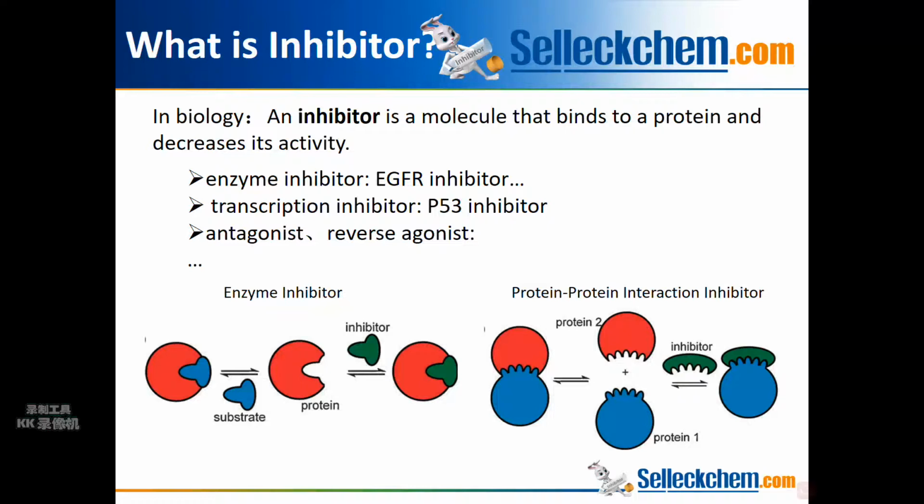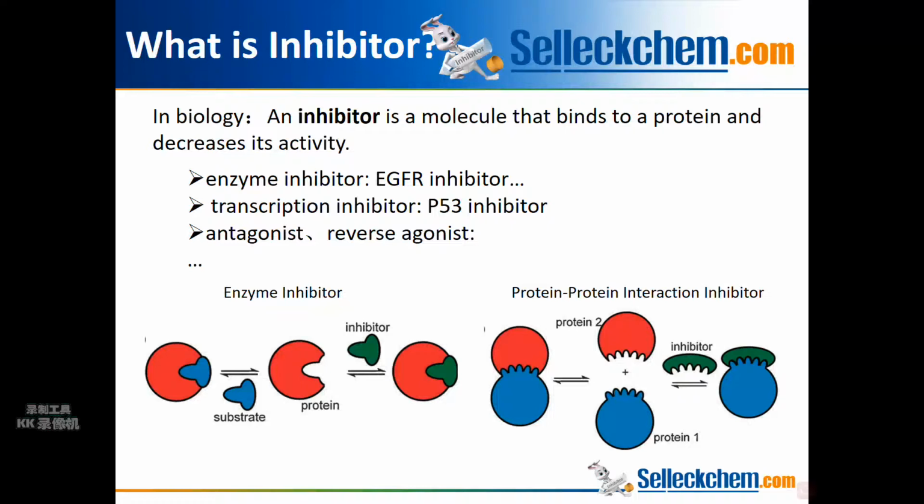For example, an inhibitor could reduce enzymatic reaction. We call it enzyme inhibitor. The inhibitor could reduce transcription activity. We name it transcription inhibitor. Both antagonist and reverse agonist are also inhibitors.